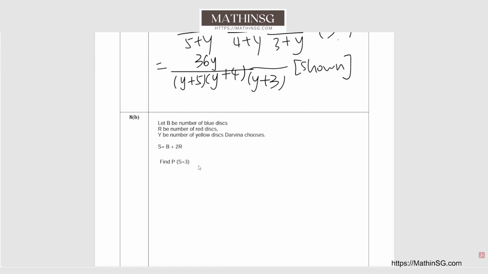So what are the possibilities for S equals 3? Well, we could have S equals 3 when there are 3 B's, right? So if there are 3 blue discs chosen by Davina, then S is equal to 3. And because only 3 discs are chosen, R is 0, Y is 0. Now, can we have 2 blue and either 1 red or 1 yellow to get S equals 3?